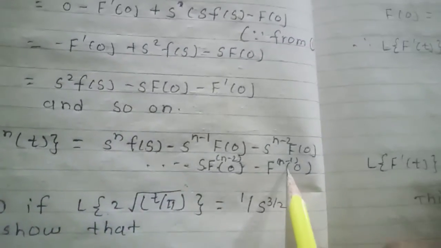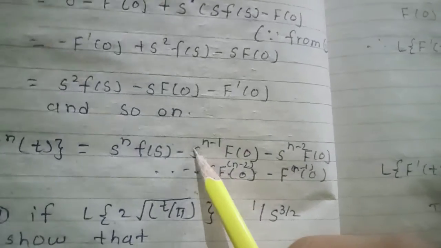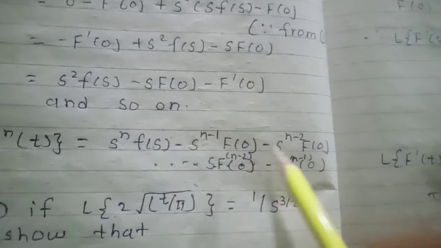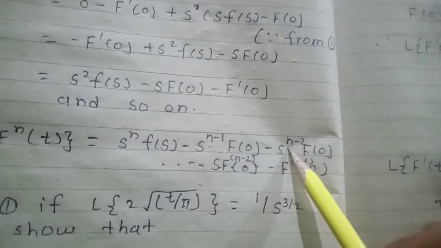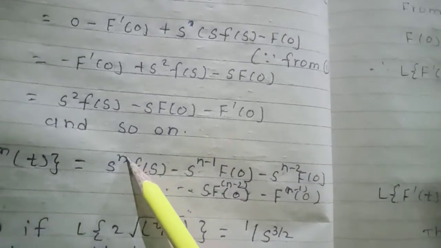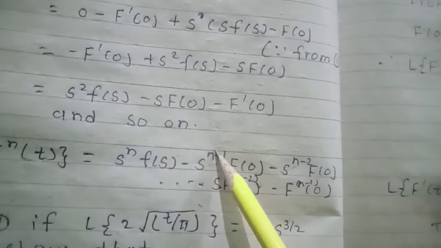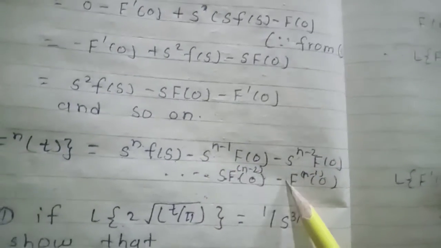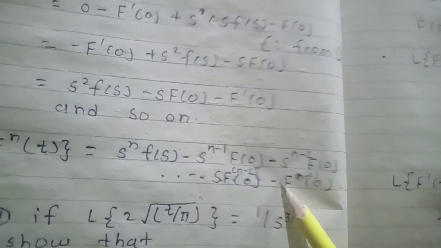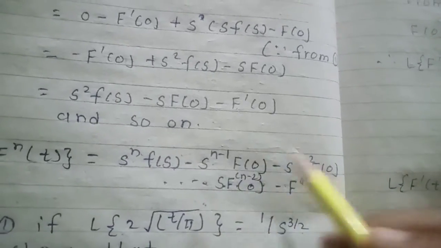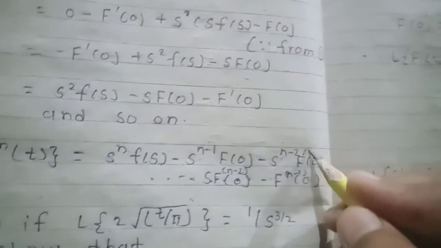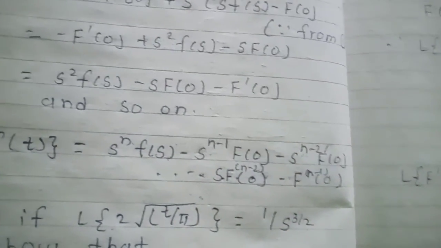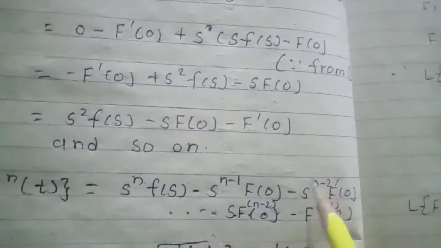Here the power of s decreases: s raised to n F of s, then s raised to n minus 1, n minus 2, up to no s. The order of the derivatives at 0 increases: f of 0, then f dash of 0, then f double dash, then triple dash, up to the nth derivative. Okay, we have proved this theorem.